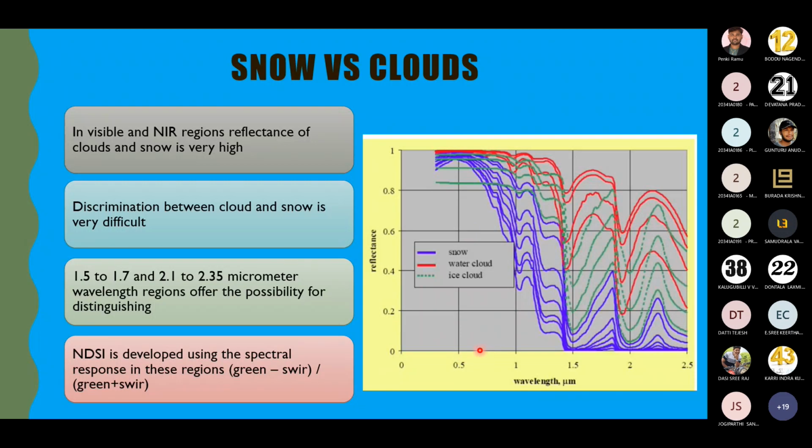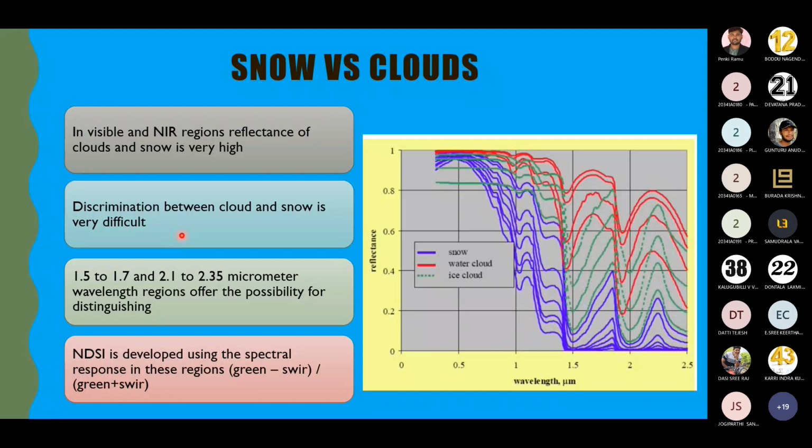Whereas between 1.5 and 1.7 micrometer, snow has a lesser amount of reflectance compared to the clouds, and the same type of thing is present between 2.1 and 2.35 micrometer wavelength region. Snow and cloud reflectances are varying. So using this variation, researchers have developed an index using green wavelength and shortwave infrared wavelength, which is called NDSI. This NDSI offers us a way to differentiate between what is snow and what is not snow.